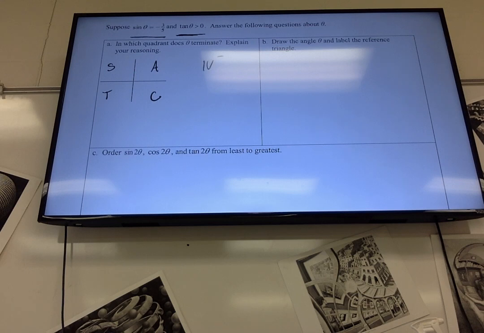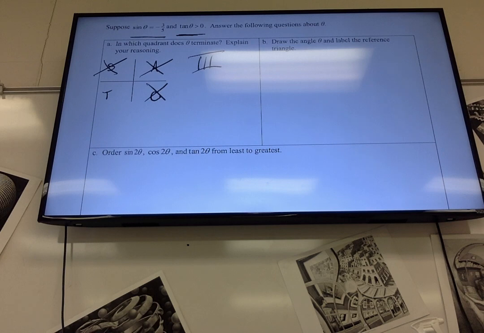Okay. So is tangent positive in 4? Oh no. Yeah. 3. 3. Sine is supposed to be negative, so that means that gets rid of the first 2 quadrants. And tangent is positive, so that gets rid of the 4th quadrant. That's why it's quadrant 3.